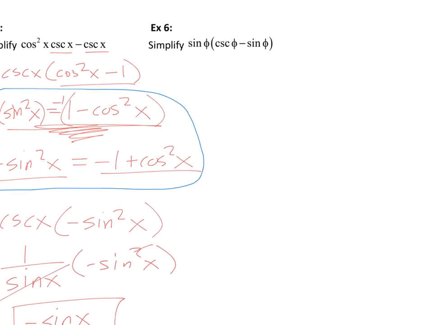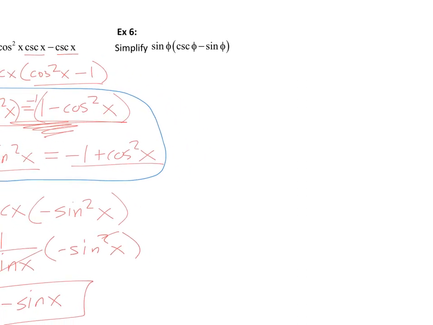All right, example 6 here. Let's see, what's the first thing we could do? I'm going to distribute in this case. Sine of phi cosecant phi minus sine squared phi. Don't freak out by this symbol. It's just like x.